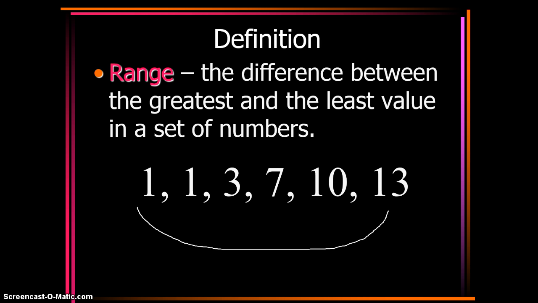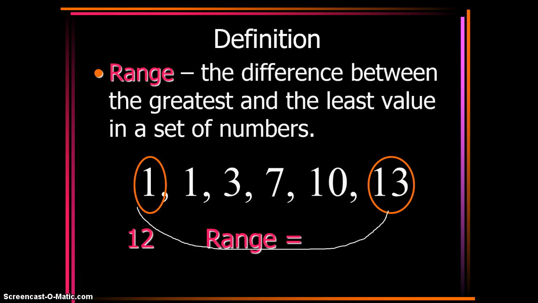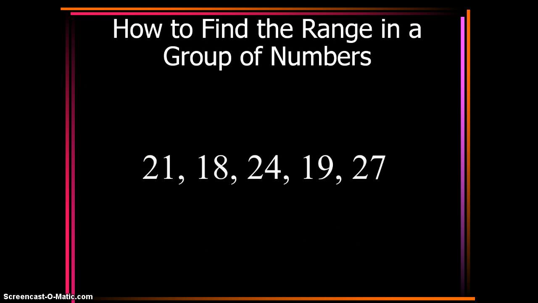So it's really clear to see if you put the numbers in order from least to greatest, pick the smallest, pick the largest, and if you want to find the space between or the difference between, you would subtract. So we take 13 minus 1 and we get 12, our range.